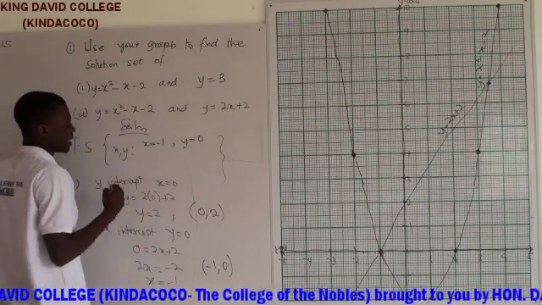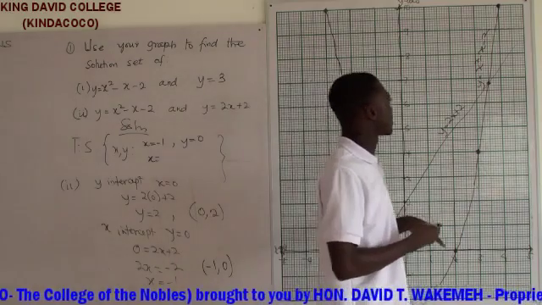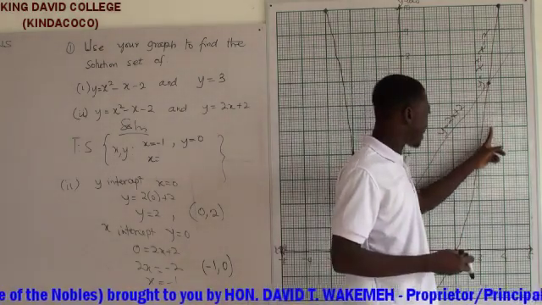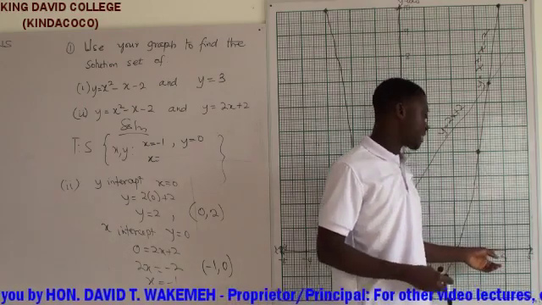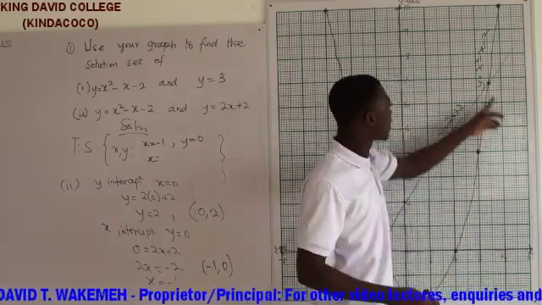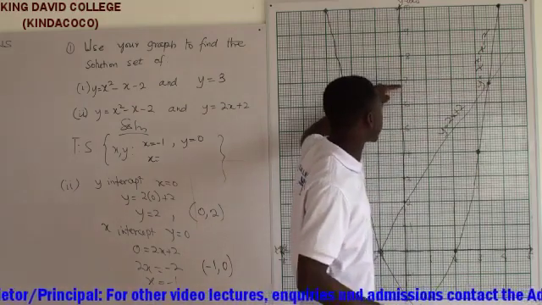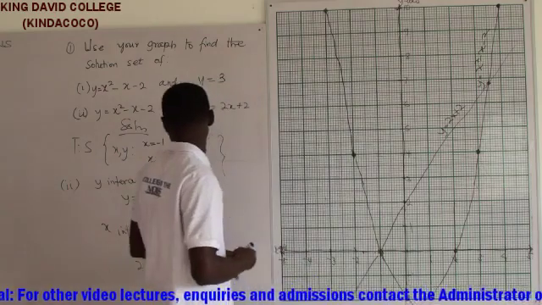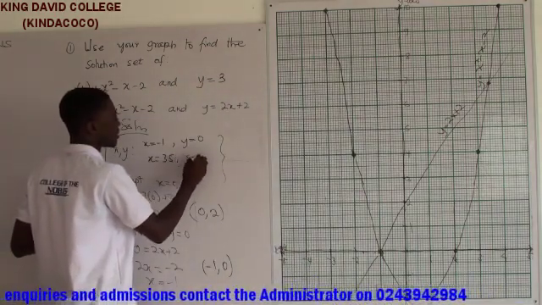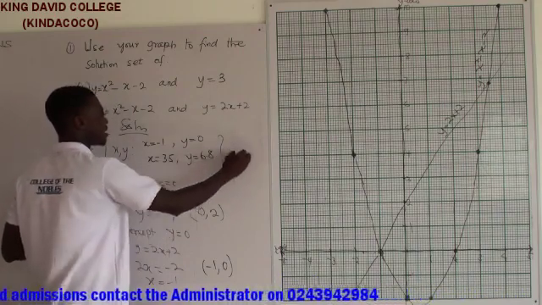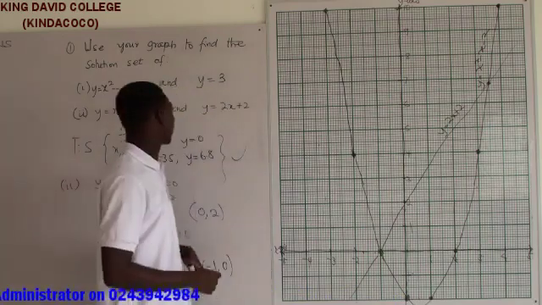Then when x is equal to, you go to the second point, then you trace it to the x-axis, and that's 3.5. Can you see? So when x is 3.5, y is equal to, then you trace the y here as well, which is 6.8. So when x is 3.5, y is equal to 6.8. So this is also the solution set or the truth set of the second one.